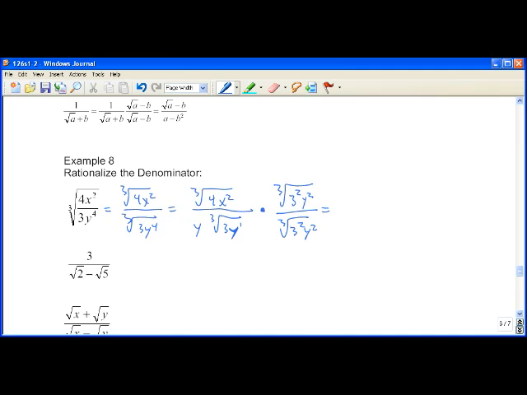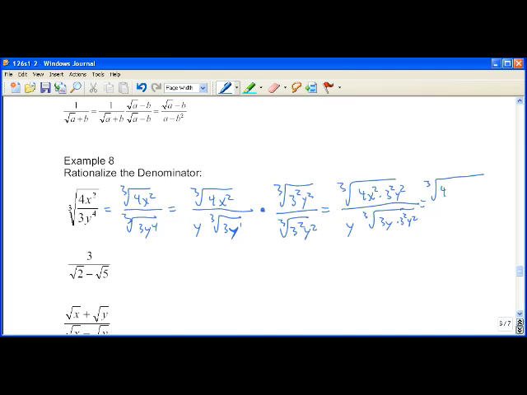So on the numerator, we're going to multiply through, which is going to be the cube root of 4x squared times 3 squared y squared. In the denominator, we still have that y sitting out there. And we're going to have the cube root of 3y times 3 squared y squared. I'm doing this in a lot of steps on purpose, not to drive you crazy.